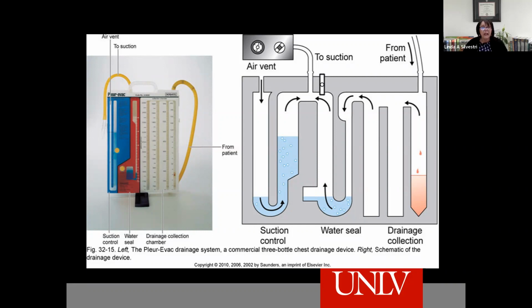You would notify the physician if fluctuation stops, if it's not caused by something else, which I'll talk about in a minute. But if you see fluctuation has stopped, you're going to take a few interventions, and then you're going to call the doctor, because they'll probably send the patient for a chest x-ray to see if that lung is all healed up. And if it is, then that chest tube would be removed, okay?